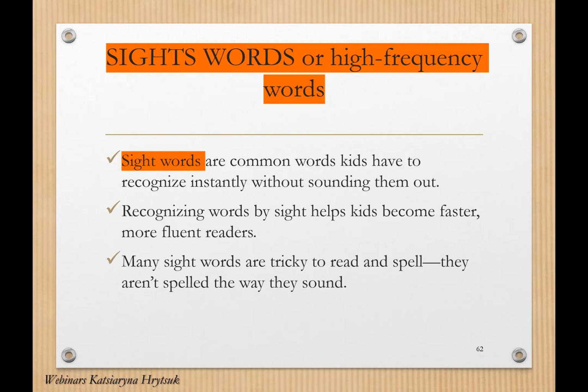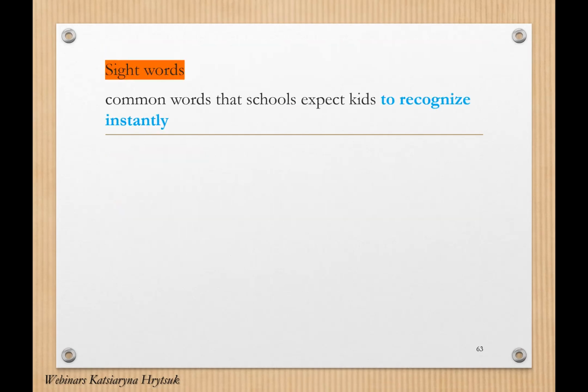So what kind of sight words? These sight words are exceptions, and when you look at them, you read automatically without thinking about spelling rules. So you recognize these words instantly.